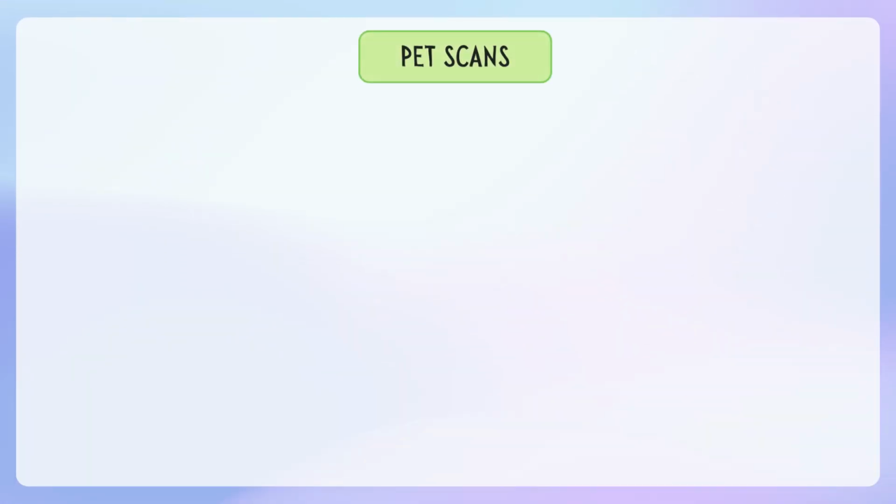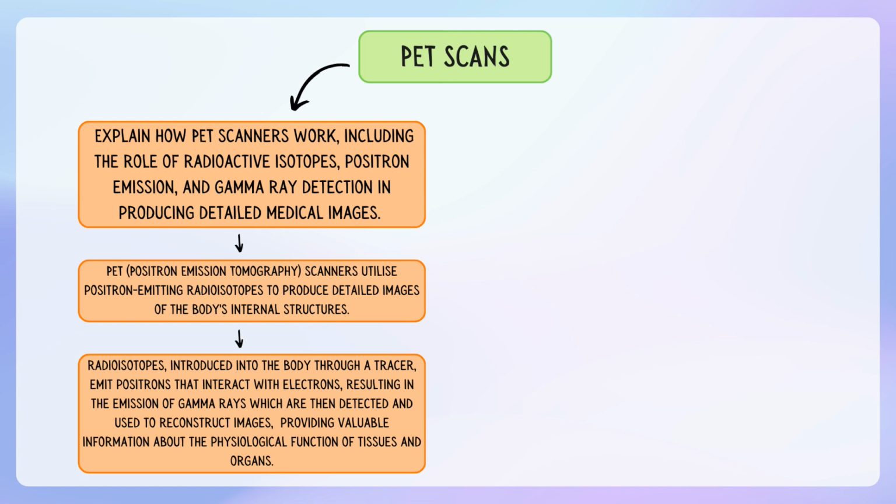In today's lesson, we delved into the use of radiation in positron emission tomography scanners, focusing on its application within medical imaging and diagnosis. We began by understanding the basics of PET scanners, which utilize positron-emitting radioisotopes to produce detailed images of the body's internal structures.